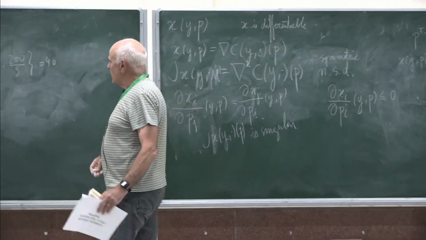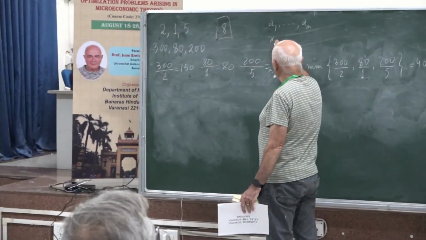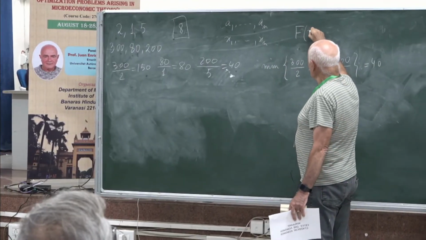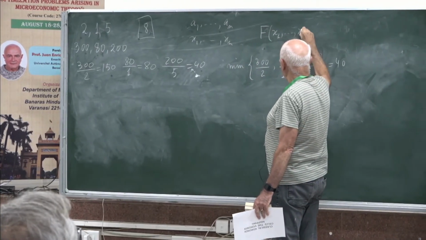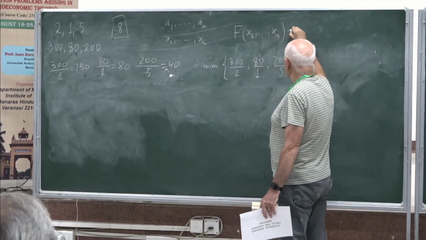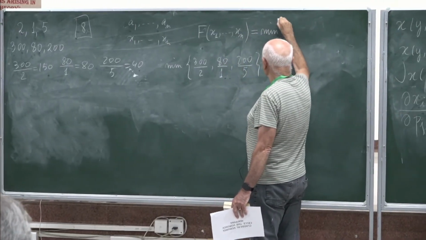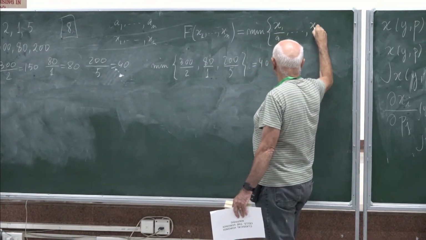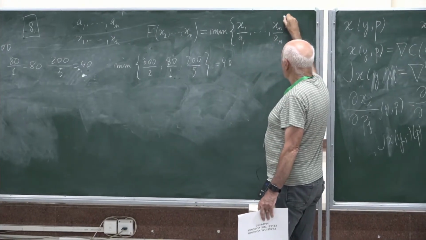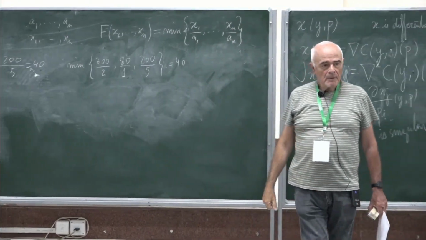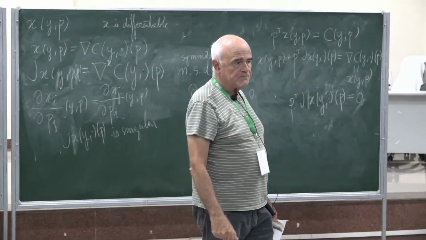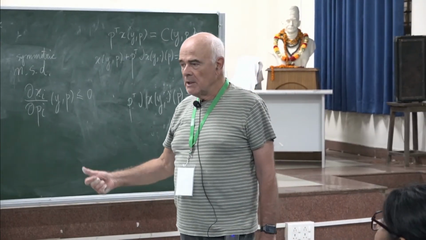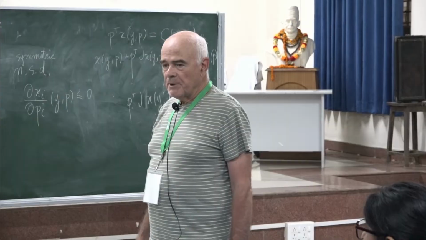Then when the inputs I use are x1, ..., xn, the production function is the minimum of x1 over a1, ..., xn over an. So this is a very reasonable production function. It has a very clear economic interpretation, it's natural.